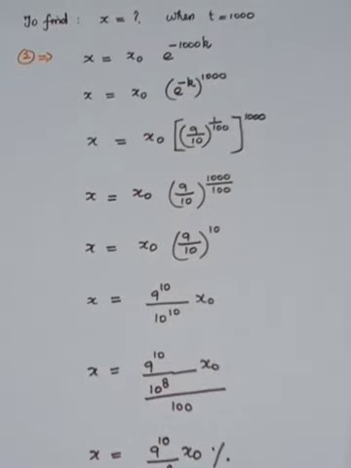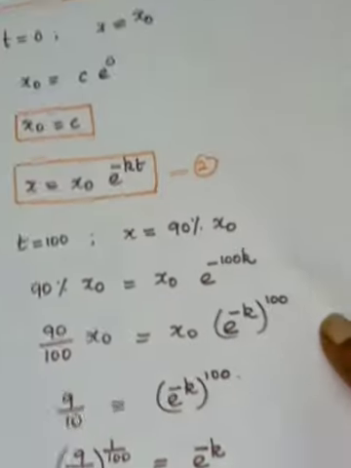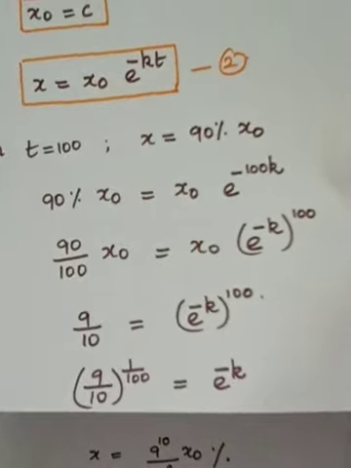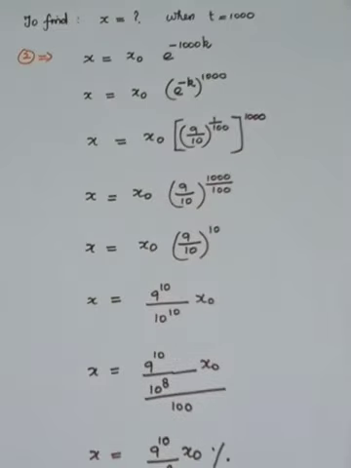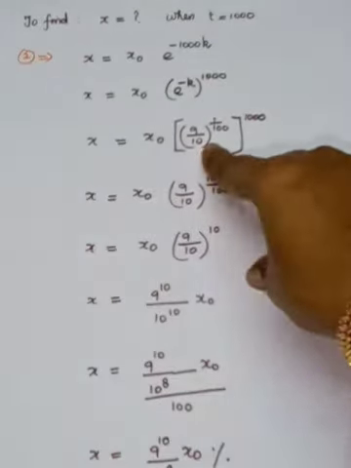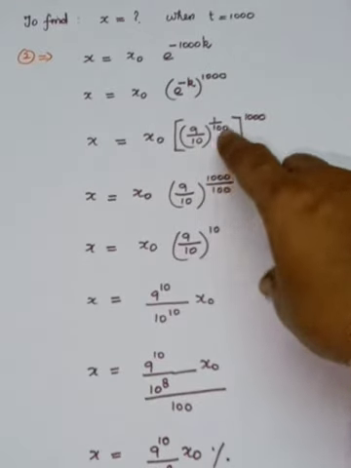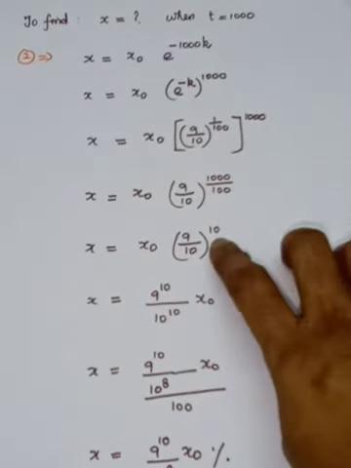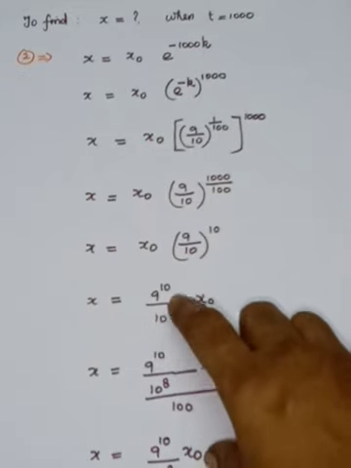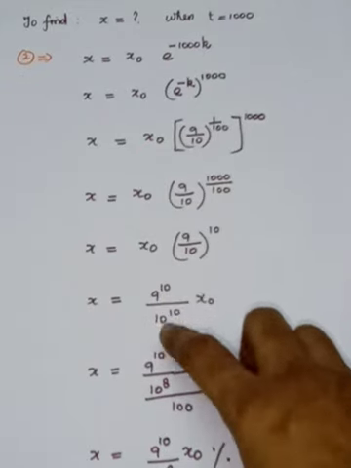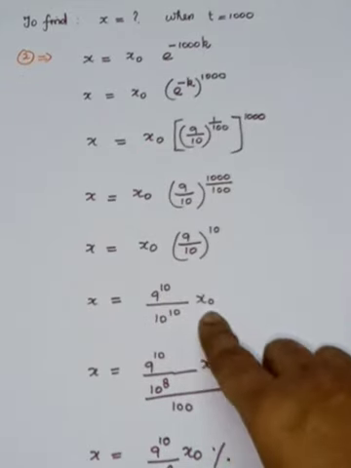What we have found for e power minus k is 9 by 10 the whole to the power 1 by 100. So it is substituted, and if you apply the power 1000 by 100, that is 10. So that is 9 to the power 10 by 10 to the power 10 into x naught.